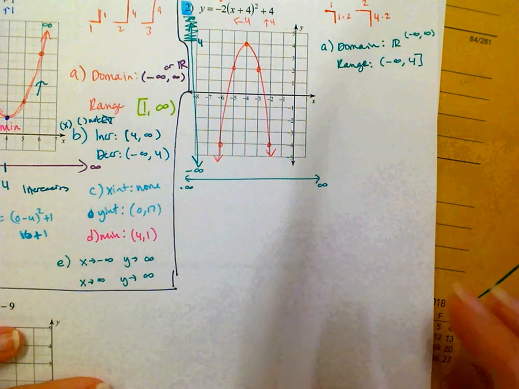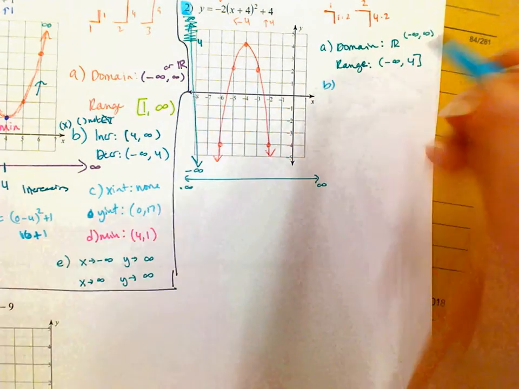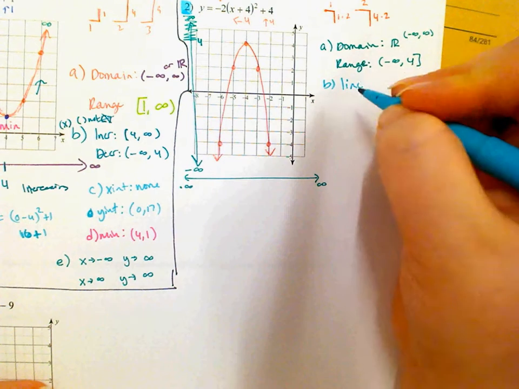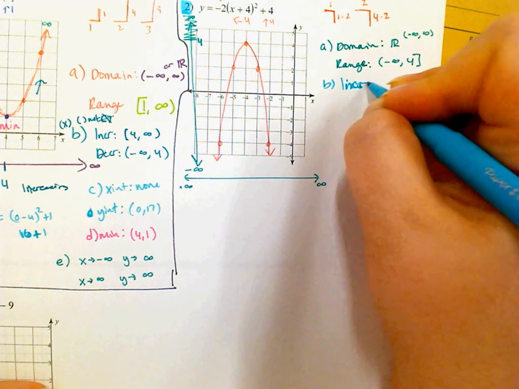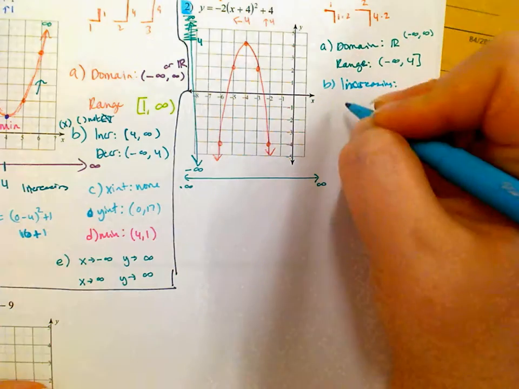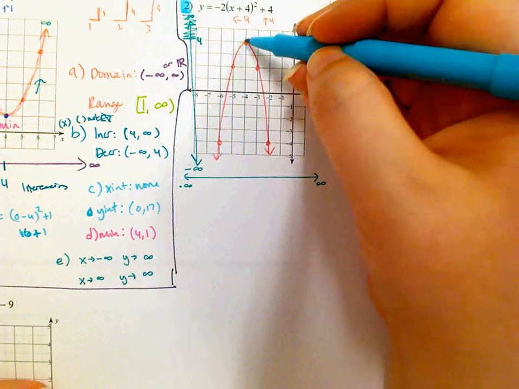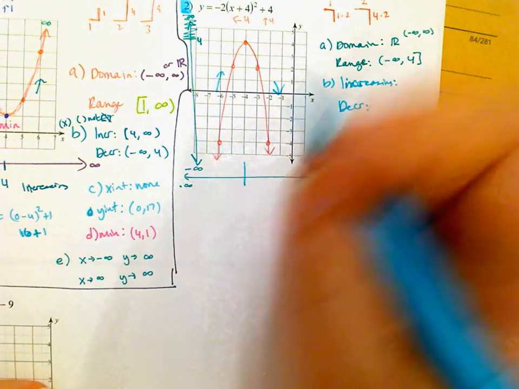Okay, part B. B asks, increasing and decreasing. So I notice that at the vertex, I stop increasing and I start decreasing. So I am increasing on this interval and decreasing on that interval.